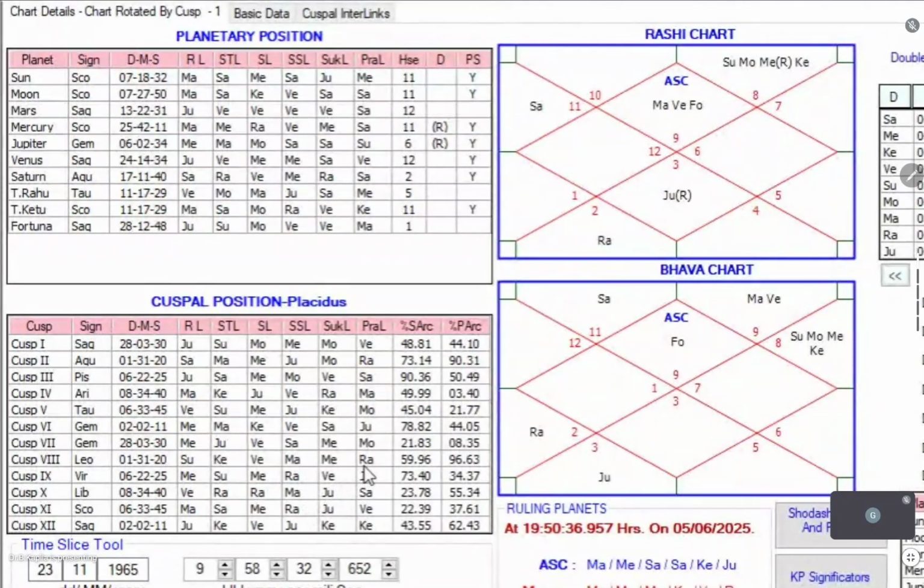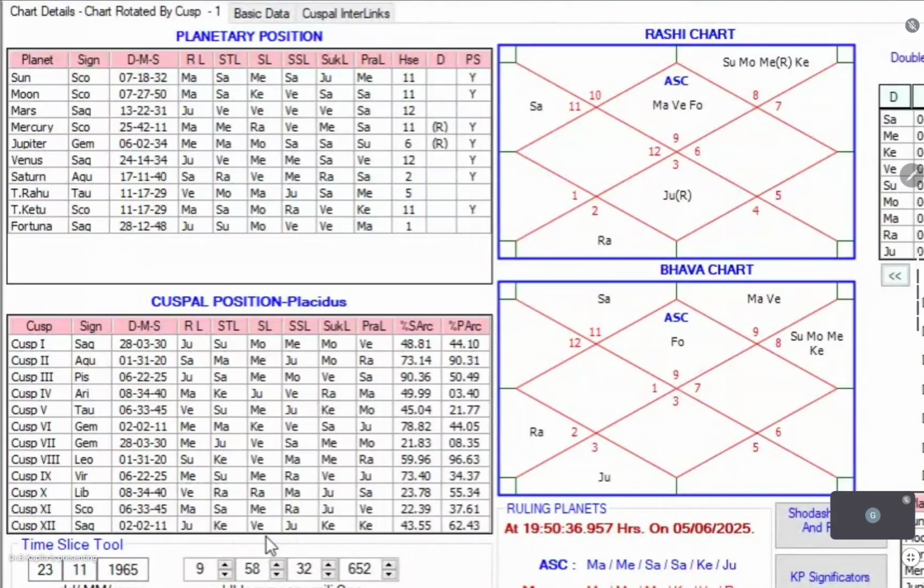And the linking to the 8th and 12th cusp indicates that some kind of event, or some fatal accident, some kind of event which is, of course, not good, not auspicious, should happen in the life of this native.